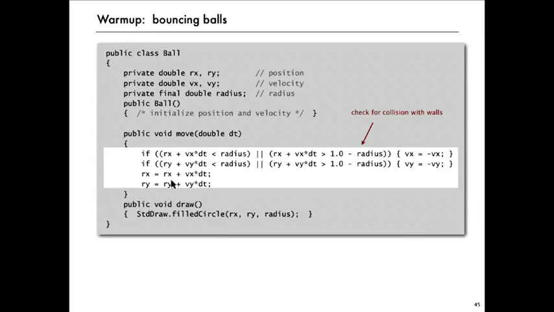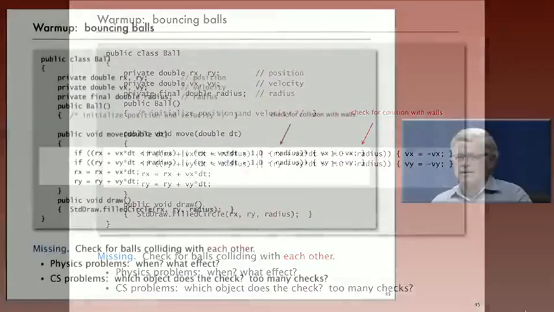Most of the time it just takes the x and y coordinates and adds the current velocity times the speed variable that's given as argument dt. Then these tests are for whether it hits the walls, in which case you have to flip the x or y velocity. And then draw just uses standard draw to draw the ball. So that's all the code for doing the bouncing ball simulation.